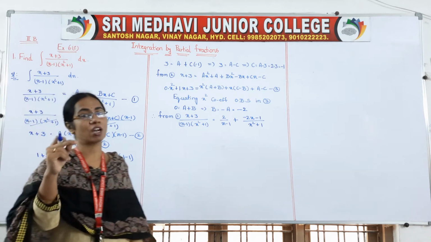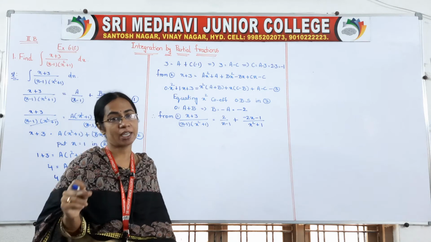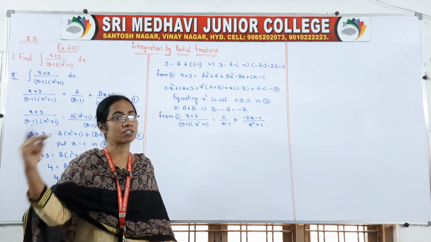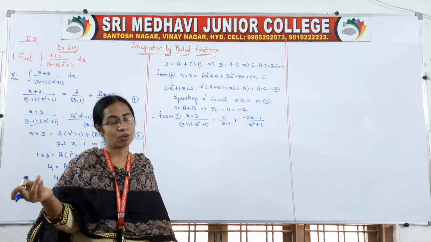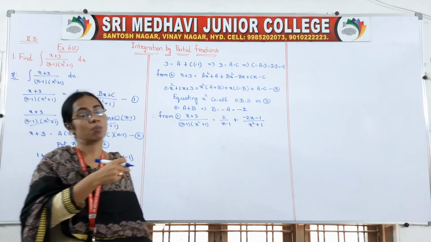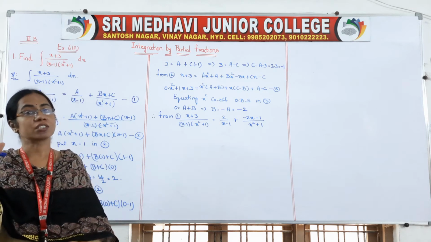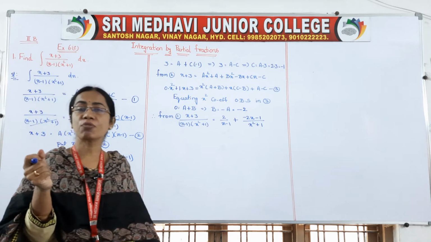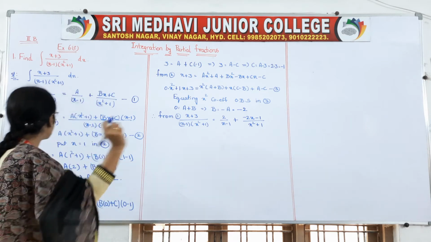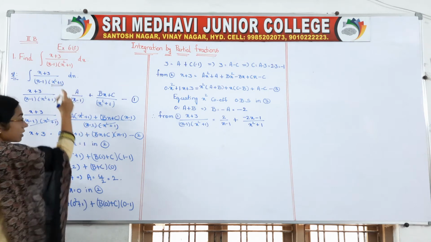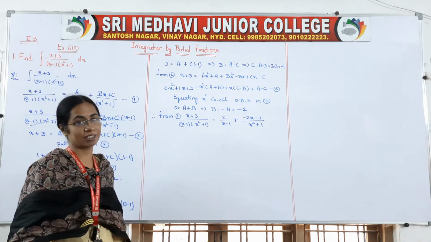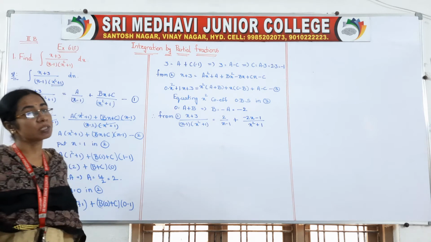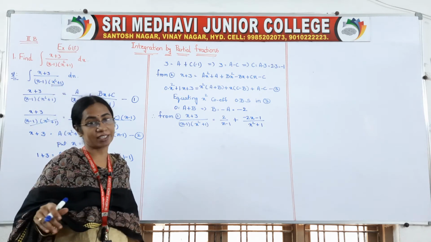First we take constant by that linear factor, next constant by that linear factor whole square. Okay, so now in this problem, one factor is irreducible. That means it cannot be reduced into linear factors.